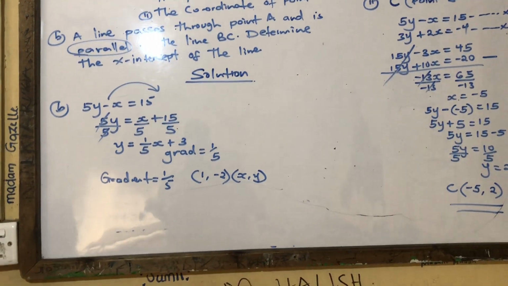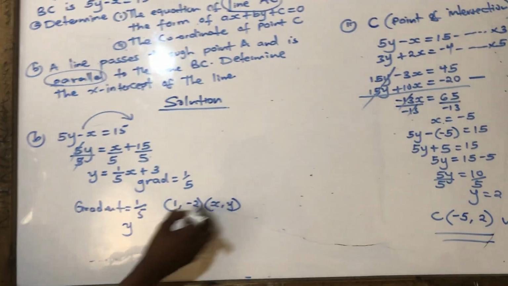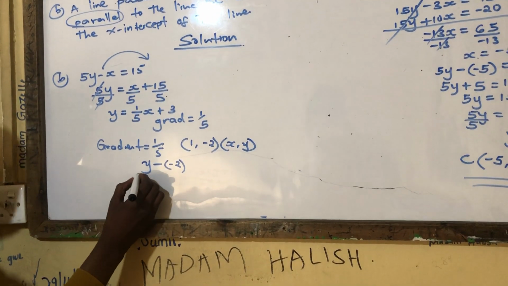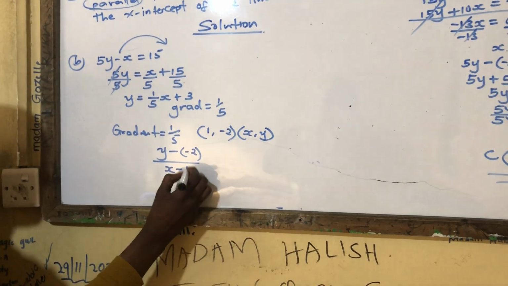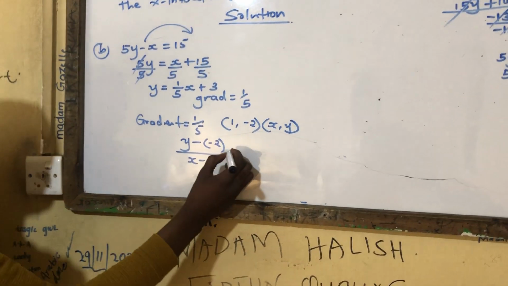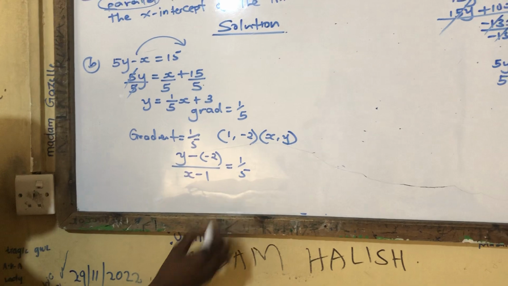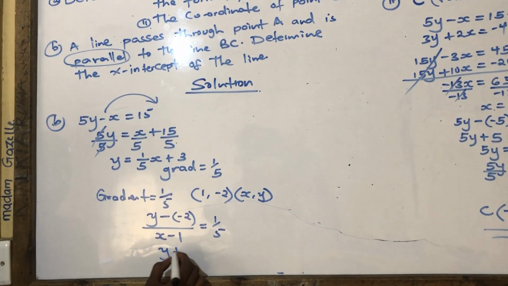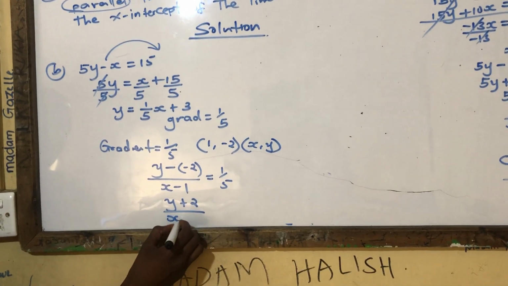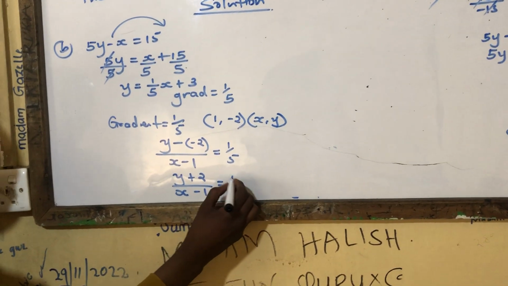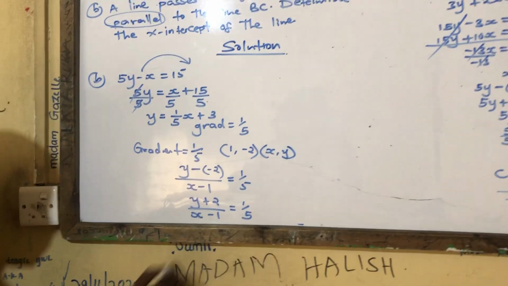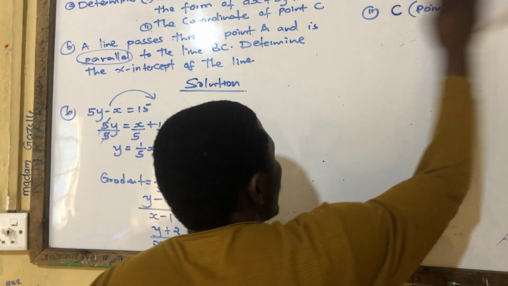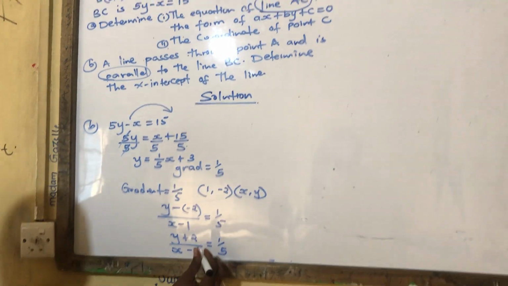So we'll take the point 1, negative 2, accompanied by a pair of variables x, y. We will then obtain the equation y minus negative 2 over x minus 1 is equal to a gradient of 1 over 5. This will then become y plus 2 over x minus 1 is equal to 1 over 5. So how do we find the equation? We will then cross multiply.